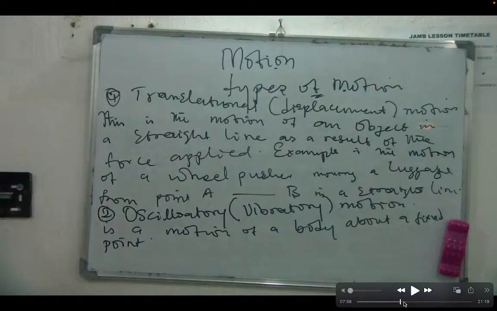That is vibrational or oscillatory motion. Then you also talk about the motion of a helical spring that has a load suspended on it. Once you tap the load, you find out that the spring will be moving up and down. That is another example of oscillatory motion.